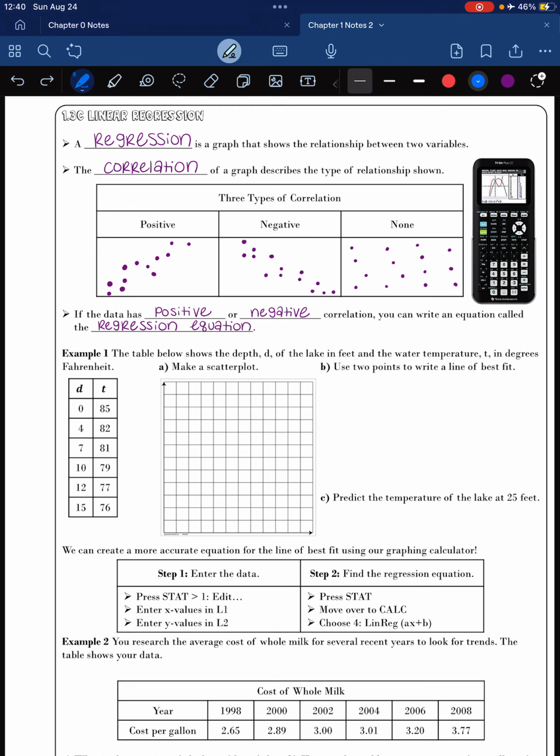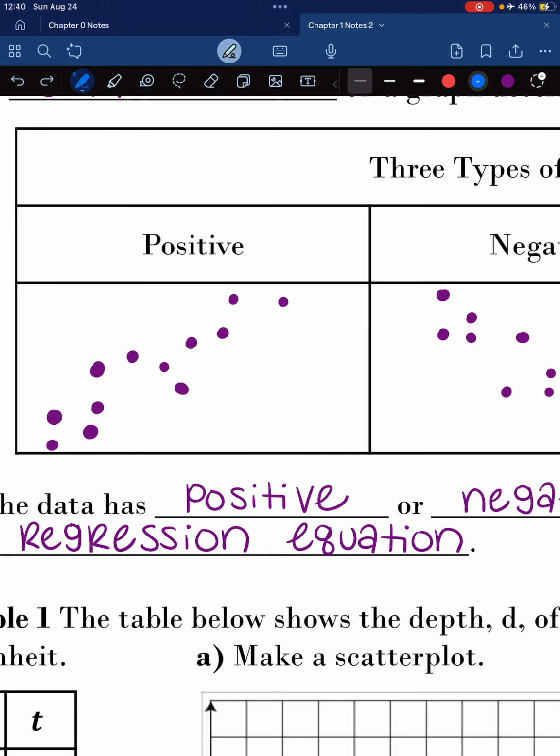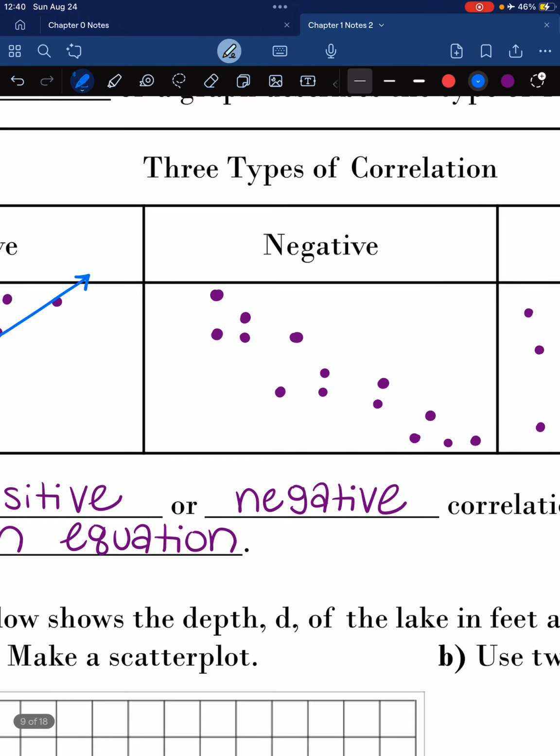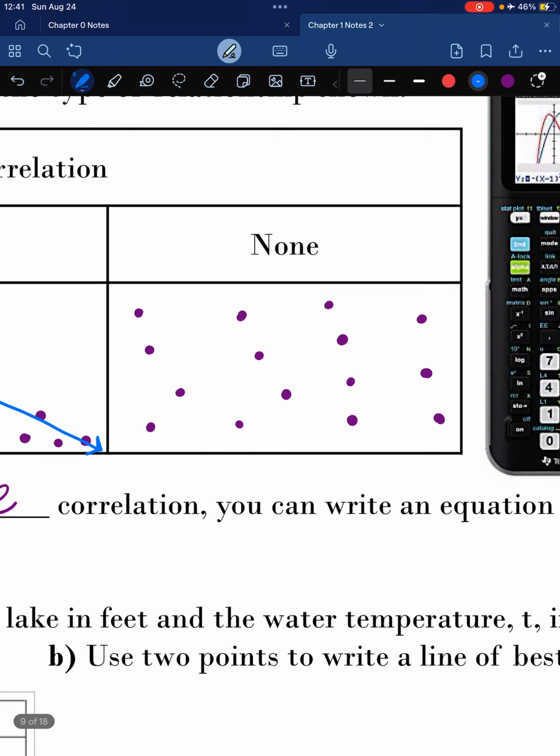And when I'm describing that correlation, I can look and see, does that data trend upward and have positive correlation? Does that data trend downward and have negative correlation? Or is that data kind of spread out and random and it just doesn't look like there's any pattern to it?